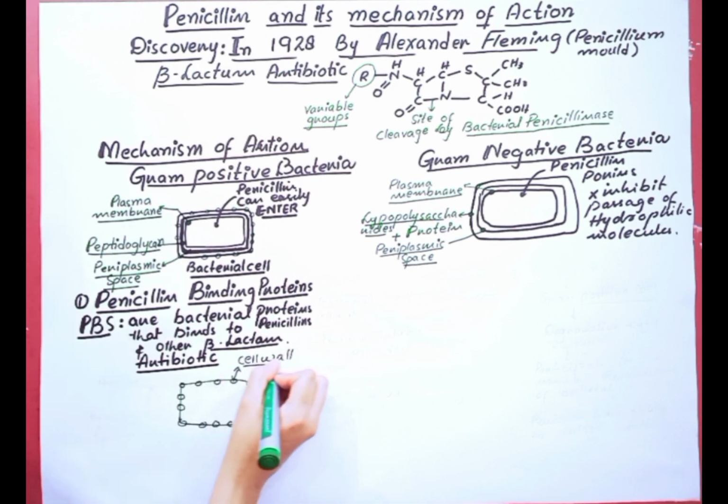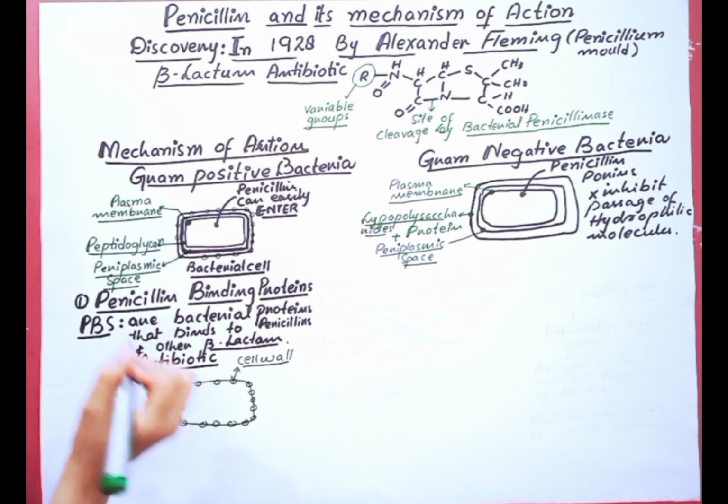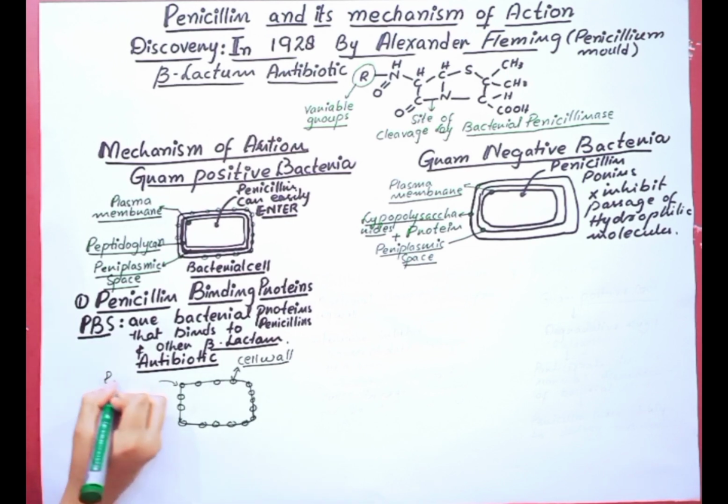So when penicillin attacks the bacterial cell, it inhibits the penicillin binding proteins in order to inhibit the growth of the bacterial cell. When penicillin interferes with these enzymes, then automatically what happens? The death of the bacterial cell occurs. So this is the mechanism of action of penicillin by acting on the penicillin binding proteins.